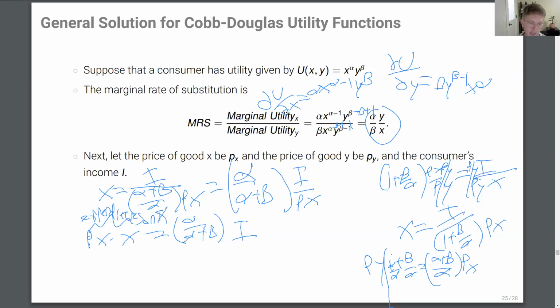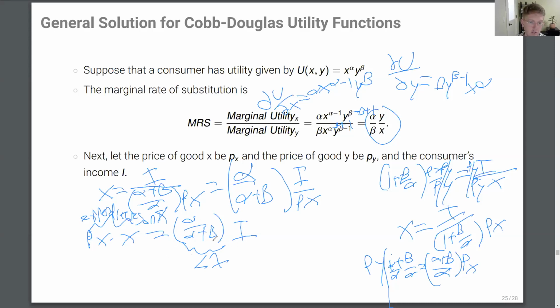This coefficient is going to be less than 1 by definition, and so this is essentially the share of income that I'm going to spend on x.